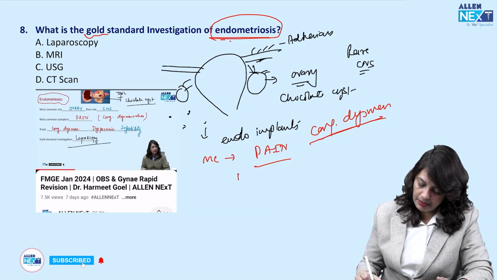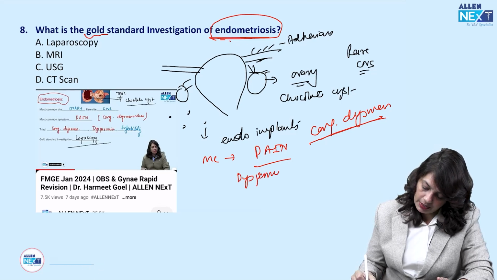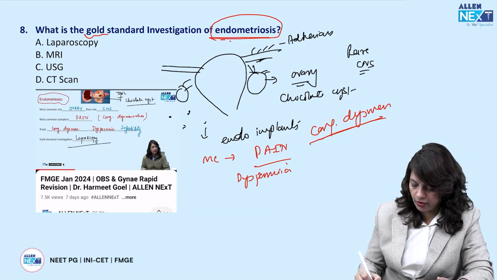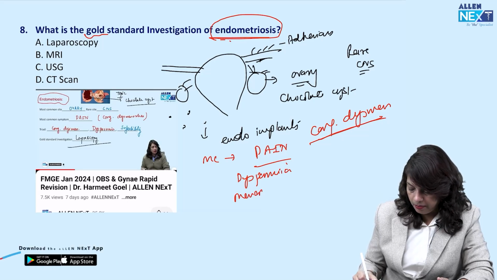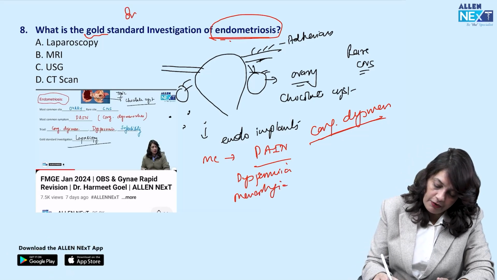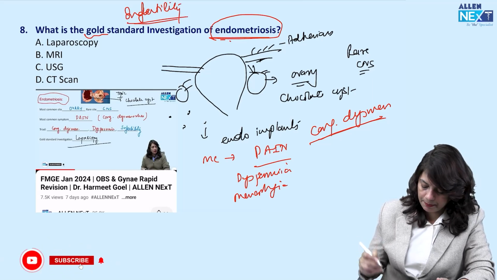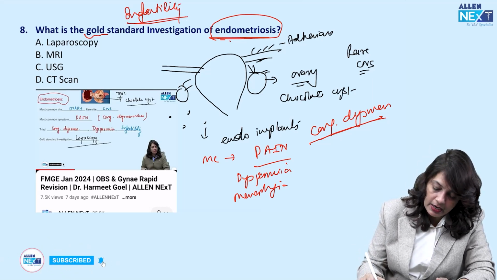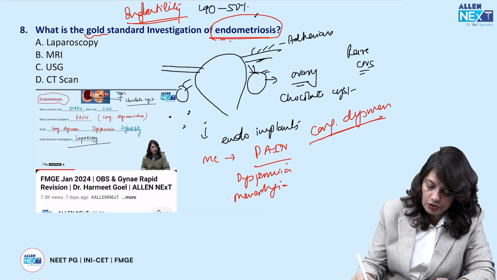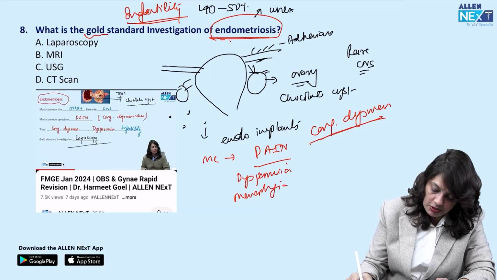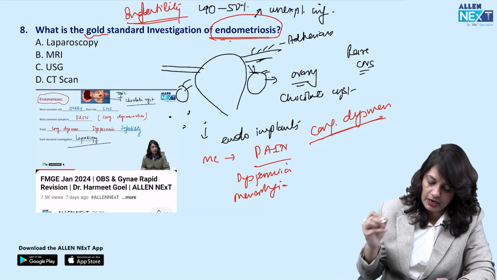Other features can be dyspareunia, that is painful coitus, chronic pelvic pain, or menorrhagia, and an important presentation can be infertility. So if you are working up a patient of infertility, you will find around 40 to 50% cases of endometriosis are responsible for unexplained infertility.